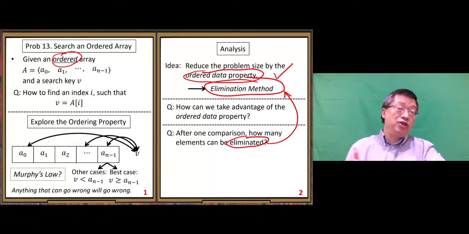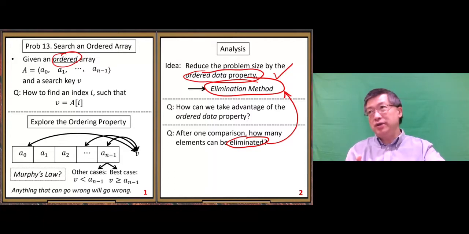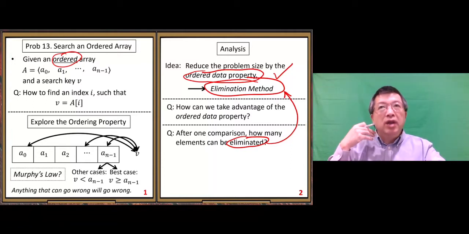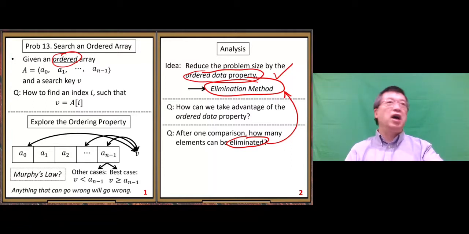It's not a scientific law. Murphy's Law is something reflected by people's impression. Here I just use this real life experience to give you the idea. We should focus on the worst case.